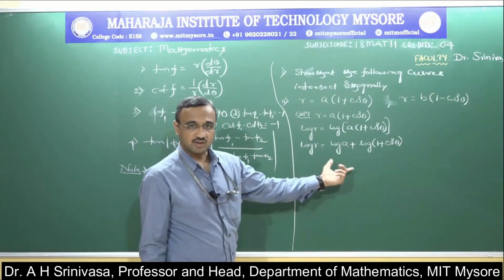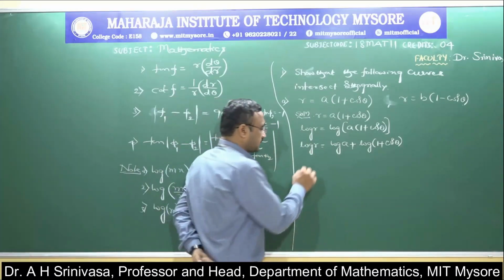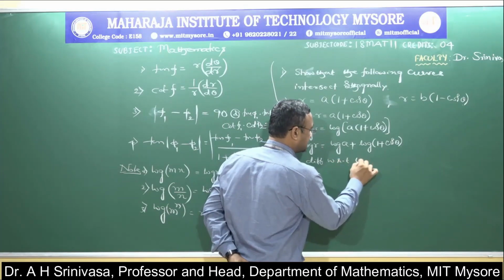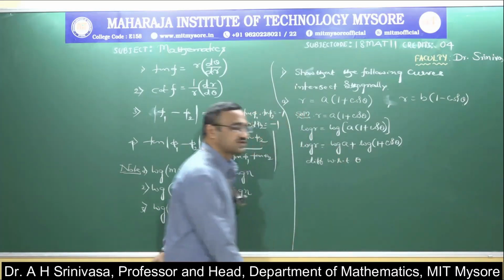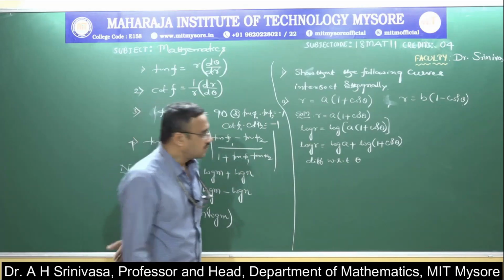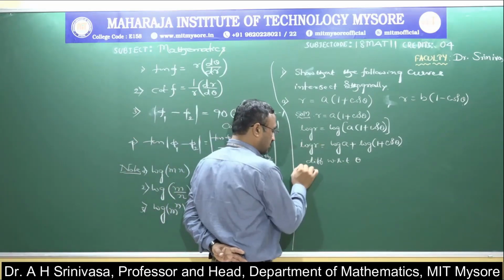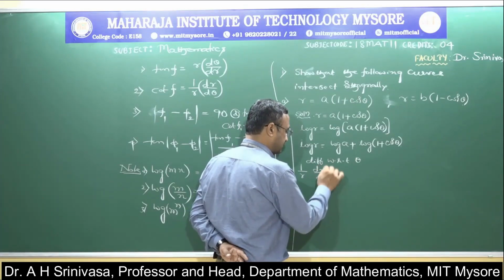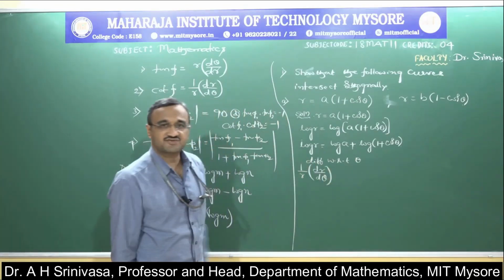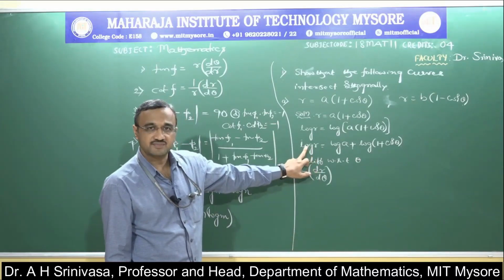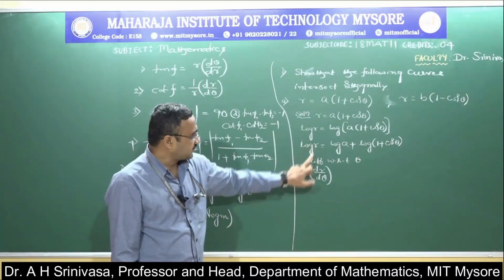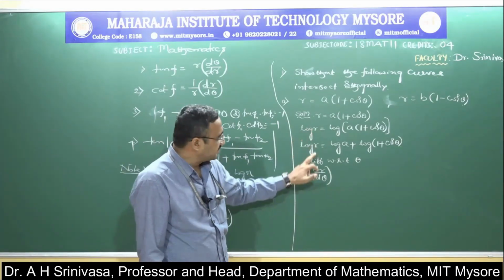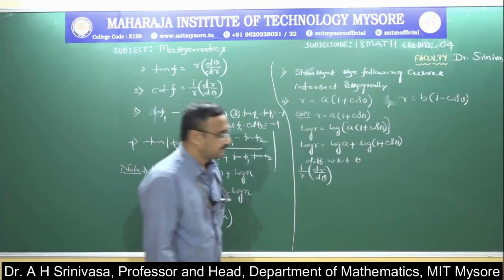Then after that, you have to differentiate this with respect to theta. What do we get here? The differentiation of log r is 1 by r into dr by d theta.